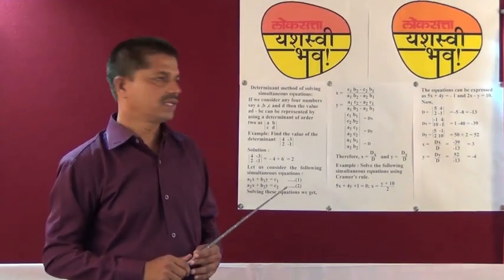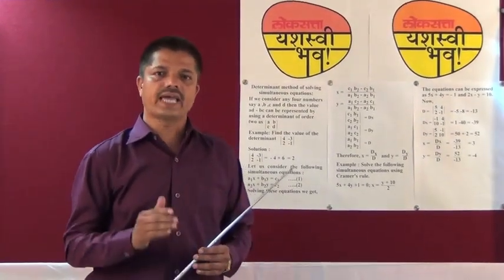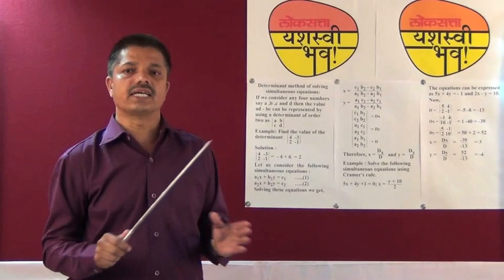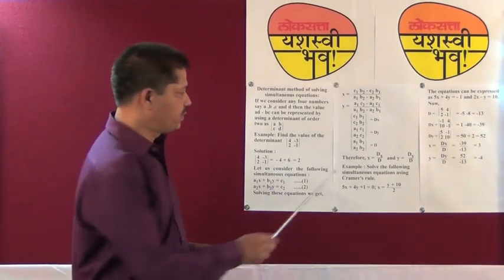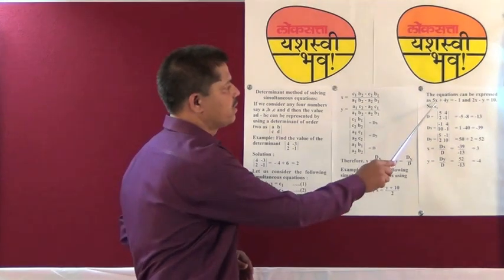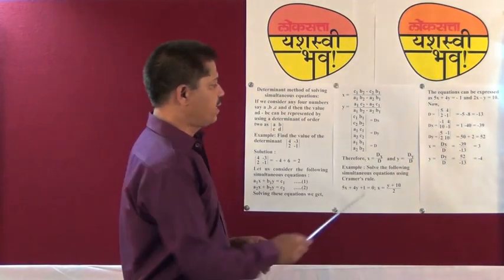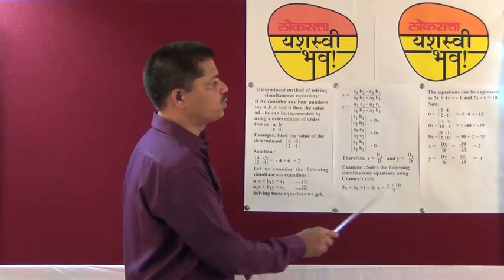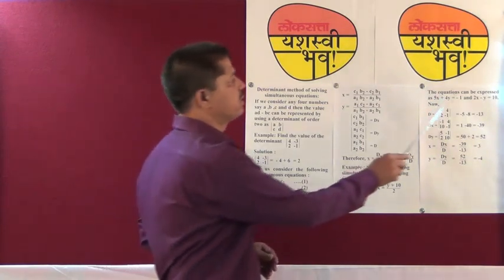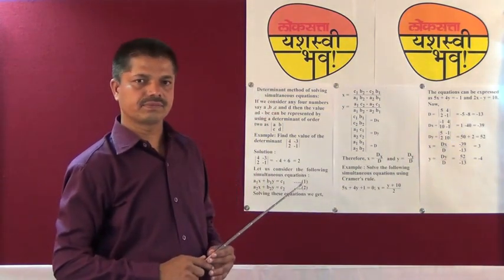Whatever equations are given to you, first express them in general form. So we have done it here. 5x plus 4y plus 1 can be expressed as 5x plus 4y is equal to minus 1, and x is equal to (y plus 10) upon 2 can be expressed as 2x minus y is equal to 10.